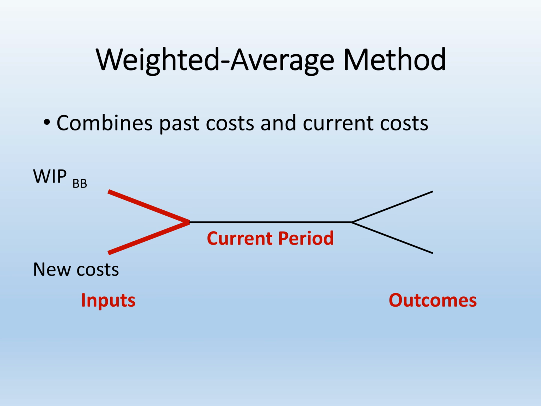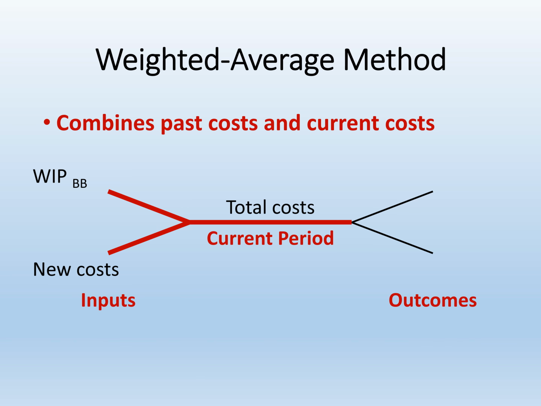During the period, the department adds new materials, labor, and overhead costs to production. The weighted average method combines the old costs from last period plus the new costs that were added in this period to get the total costs during the period. There are only two things that can happen to these total costs.